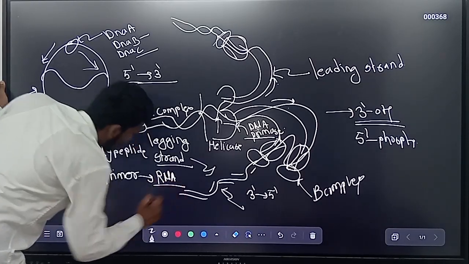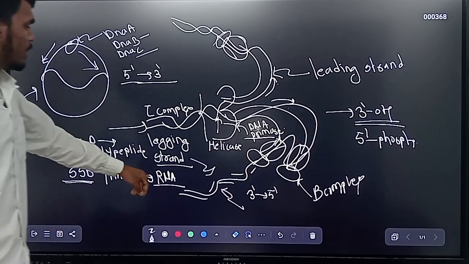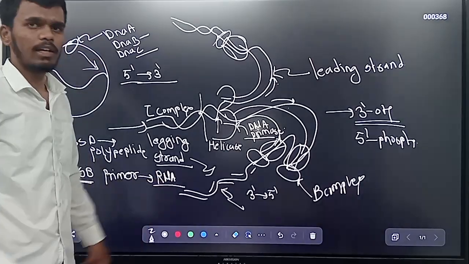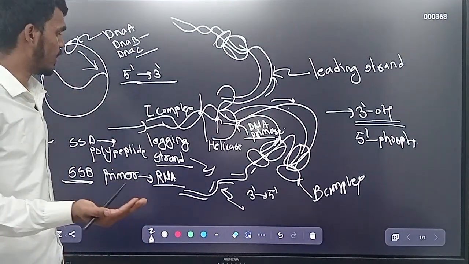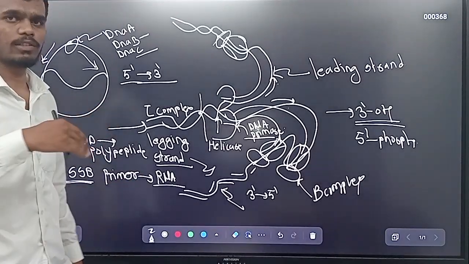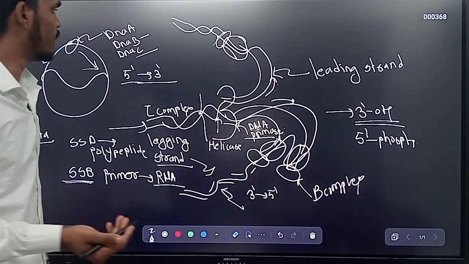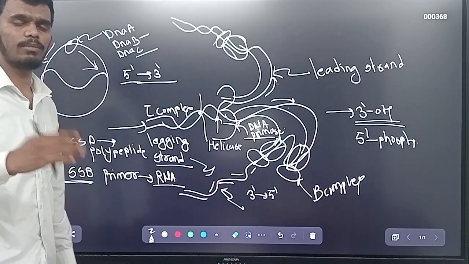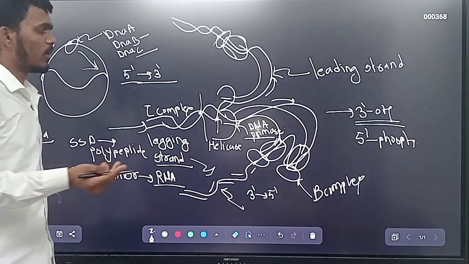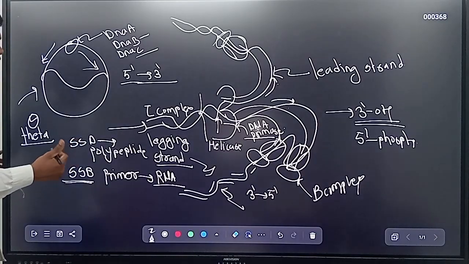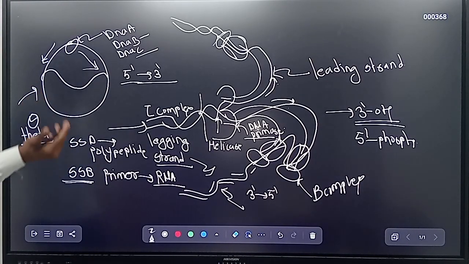Here will be DNA primase. Why DNA primase? Because the replication process of DNA can't start directly by adding a deoxynucleotide, because there is no nucleotide accepting position like a 3-hydroxy.